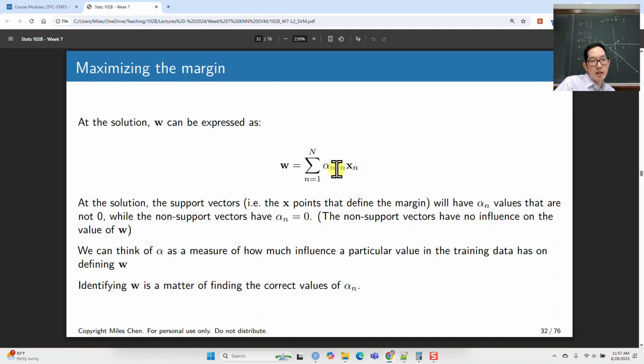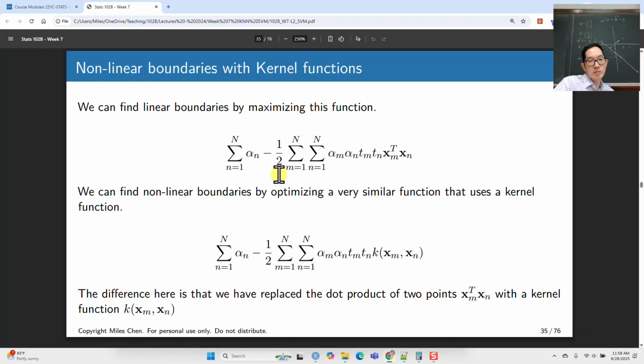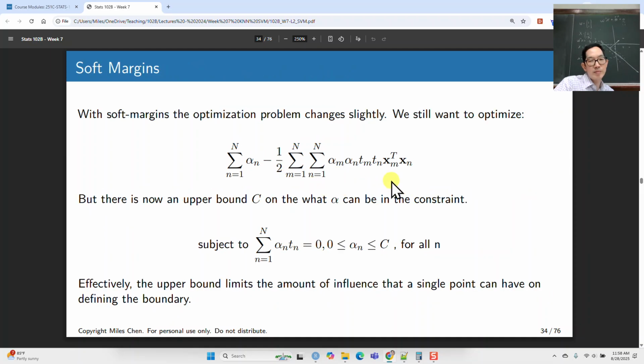If a particular observation has a lot of influence on what w is, this value might be a really big number, okay? And what we might say is that, you know what, we're going to put a limit on how big any one value could be, because when you do this, there might be several observations that influence what w is, okay? And so that's what we have. That's going to be our soft margin.